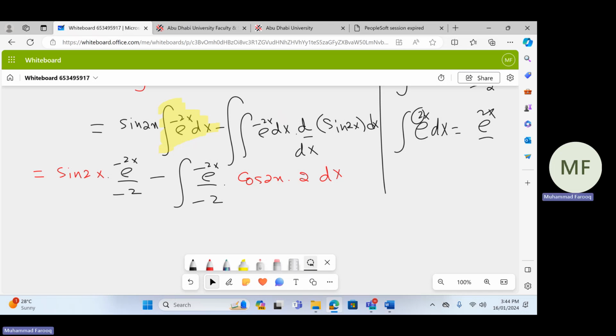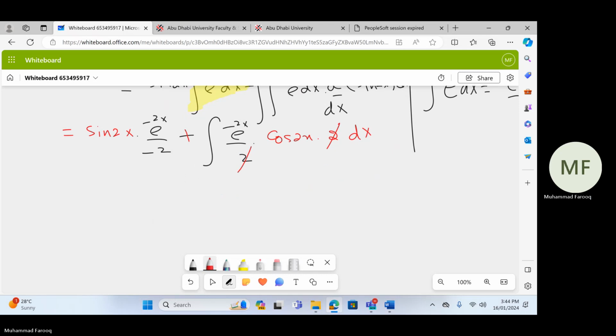Okay, now let's simplify. This 2 and this 2 cancel out, and this negative and this negative combine to give a positive. So now you can write this as e power minus 2x sine 2x divided by minus 2, plus the integral of e power minus 2x cosine 2x dx. How do we integrate this?